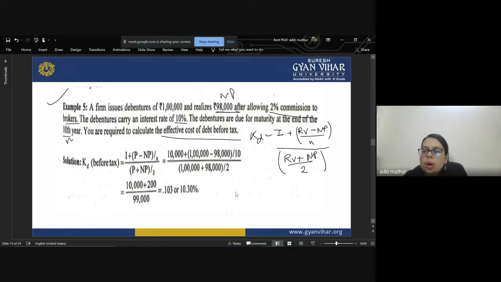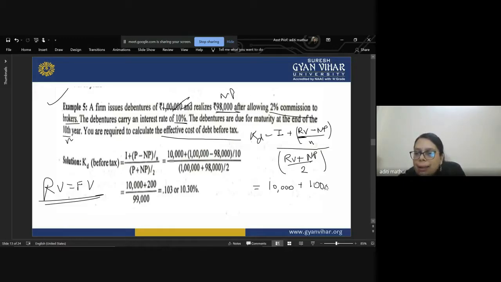So what is the amount of interest? It is 1 lakh 10%, that is 10,000, plus redeemable value, that means the amount which you will get after the maturity of 10 years, it is 1 lakh, because there's no other information given, so we will assume that your redeemable value is equal to your face value. This is one of the assumptions we are taking, because nothing in the question is mentioned about the redeemable value.